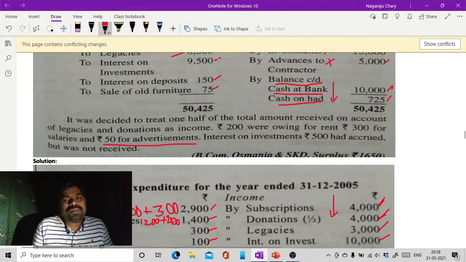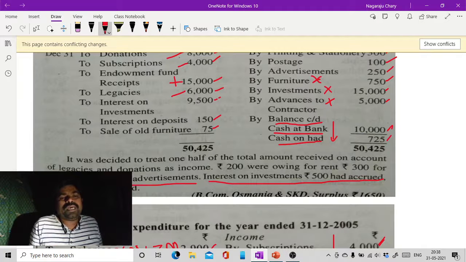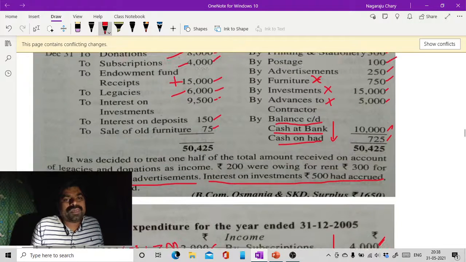Let us see, 500 interest on investments had accrued, that is to be considered. So already we received 9,500 for the year, and for the year again we have to receive 500 rupees. So this 500 rupees is to be added to this 9,500. That's why we have taken 10,000. And interest on investments is completed.